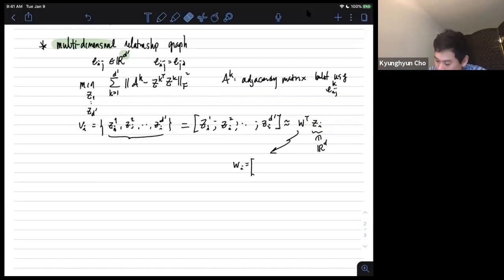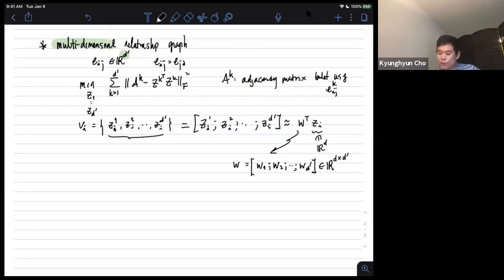In fact, this W is going to tell me about each and every relationship. And then what this is going to correspond to is W_1, W_2, and then all the way to W_d'. And then what it means is that this is going to be d by d'.